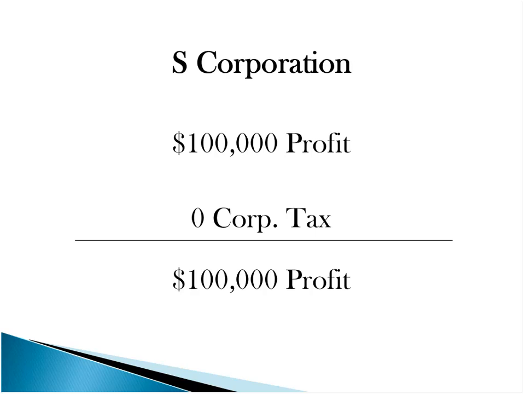All of the income from the S corporation flows through to the owners, and the owners pay tax on that income. So that's why you see in this example there's zero corporate income tax. So we have a profit of $100,000, no corporate income tax, so there's $100,000 that could be paid to the owner.